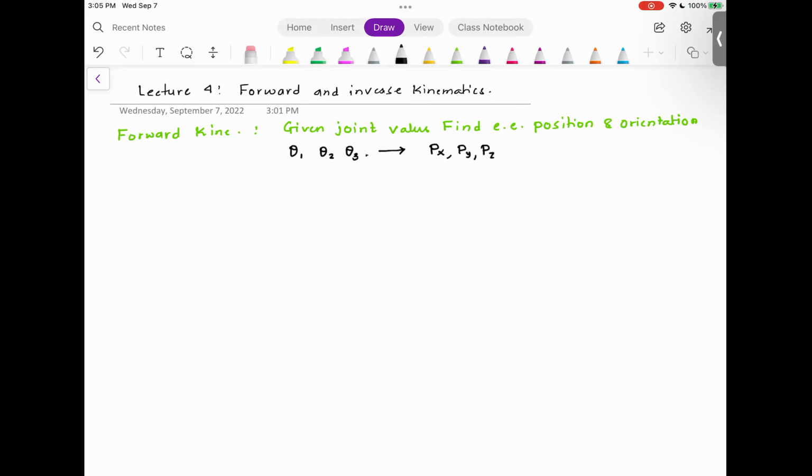In the case of inverse kinematics, the problem is posed the opposite way. Given the end effector position, find the joint values.